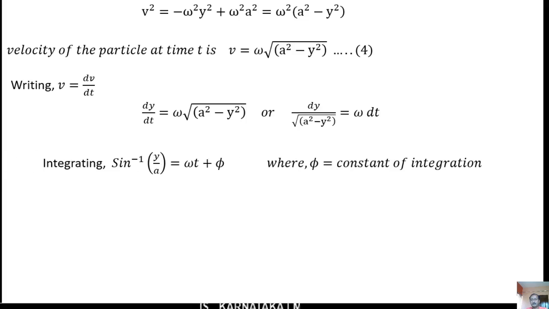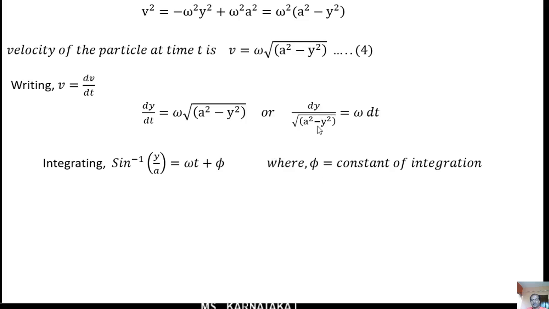Now, integrating, sin inverse of y by a equals omega t plus phi, where phi is the constant of integration.